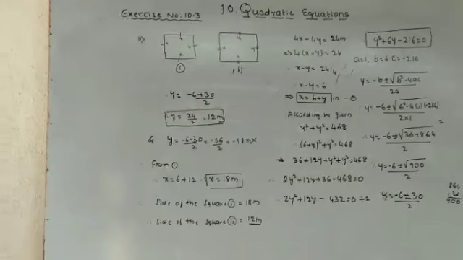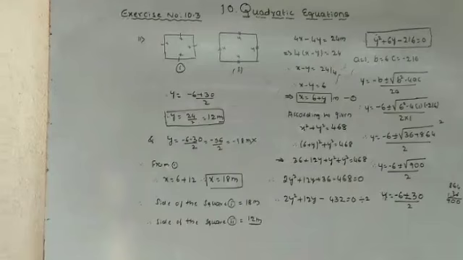Therefore, 6 plus y whole square plus y square is equal to 468. Expand: 36 plus 2 into 6 into y, that is 12y, plus y square, plus 1 more y square is equal to 468.